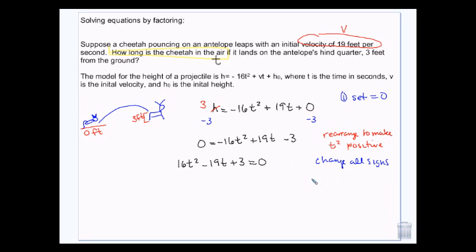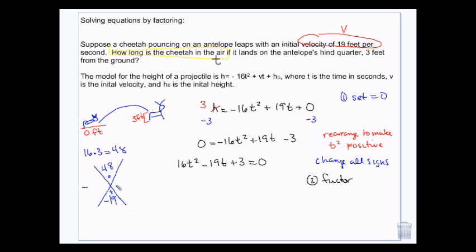So my next step is going to be to factor my quadratic. I'm going to do that over here. I'm going to do 16 times 3, which is 48. Then I'm going to look for two numbers that will multiply to make 48 but add to make -19.